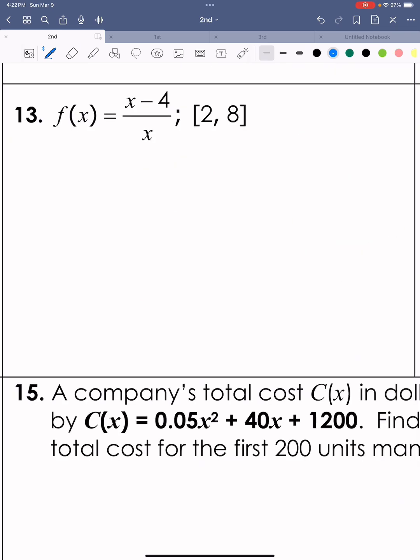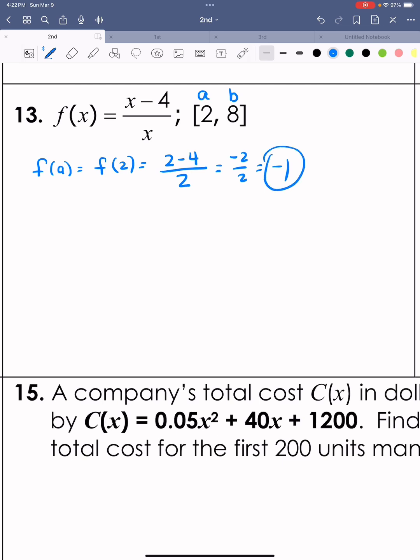Number 13, let's label A and B, our points up here, and then we're going to find f of a, which means find f of 2. So I'm going to plug in 2 for the x, so this is 2 minus 4 over 2, which gives you negative 2 over 2, so that's negative 1.